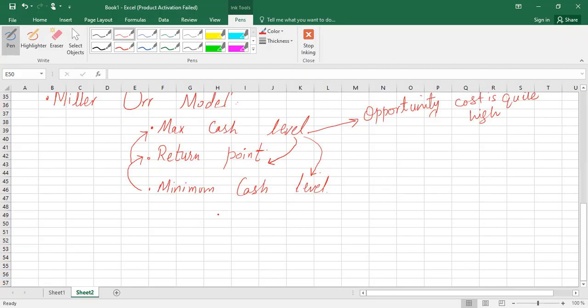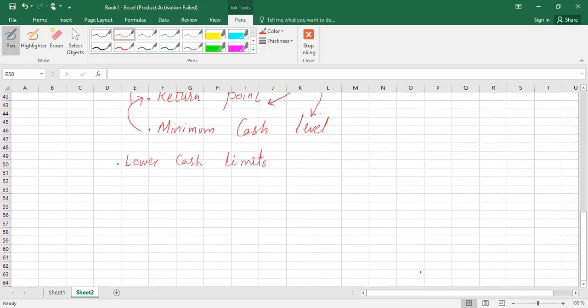Now, the Miller-Orr model says that there are a few things which we need to consider. The first one is the lower cash limit. First of all, we should know what our lower cash limit is: how much cash we should hold to fulfill our day-to-day and short-term liabilities. Second, you need to determine the standard deviation of daily cash.